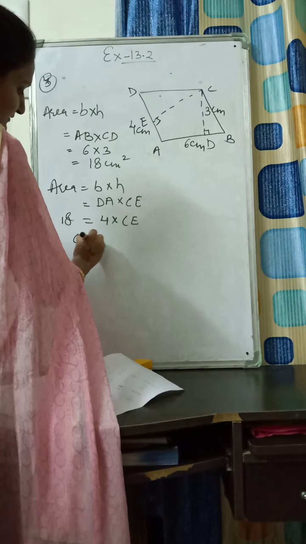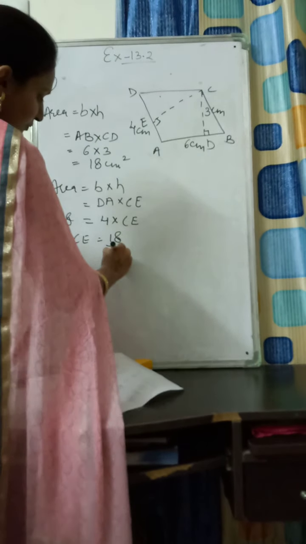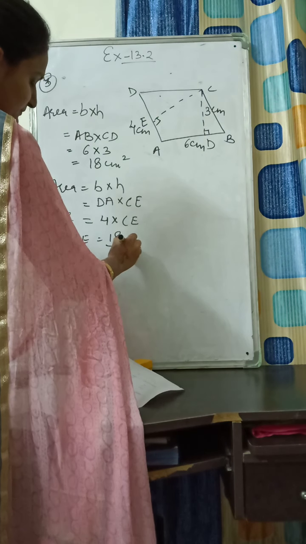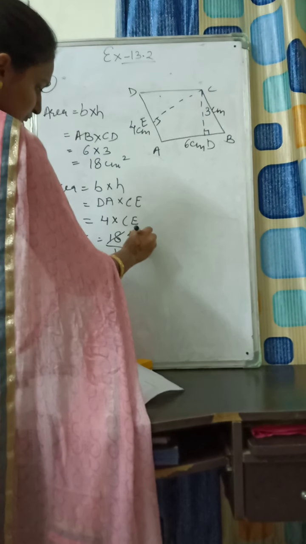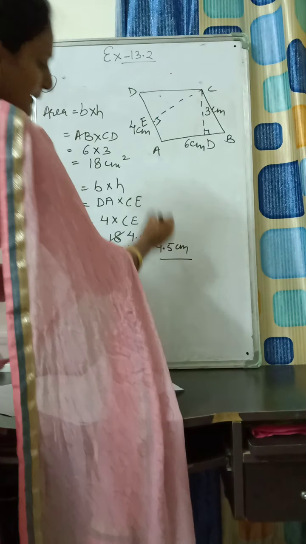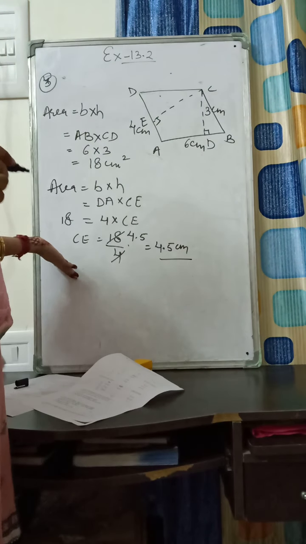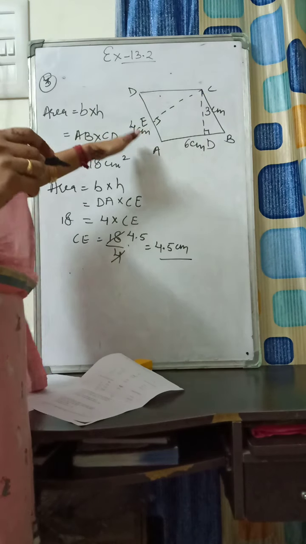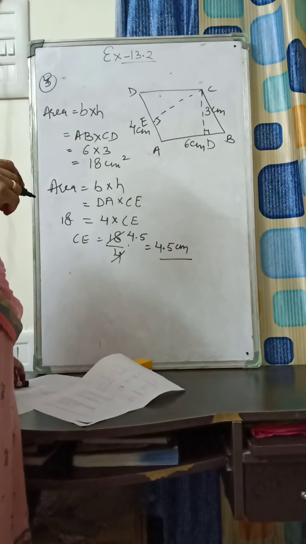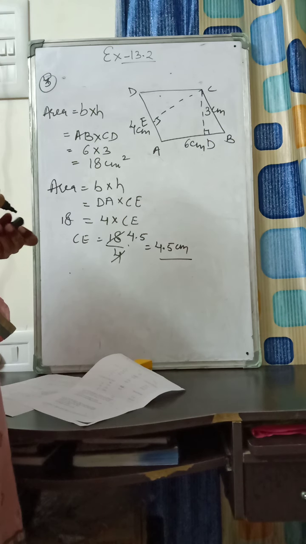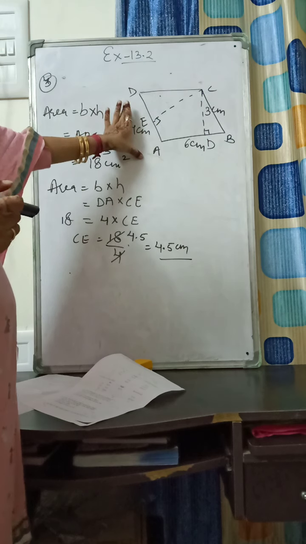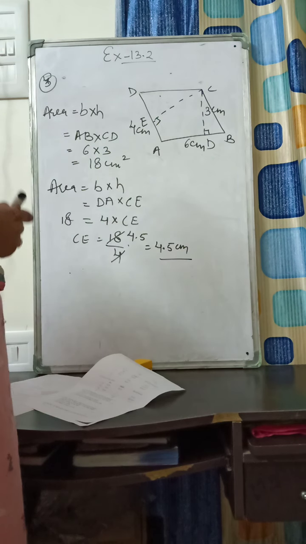Now CE will be equals to 18 upon 4, that will be 4.5 centimeter. So we can say that the height CE will be 4.5 centimeter, that is corresponding to the base AD. AD is the base. Fine.